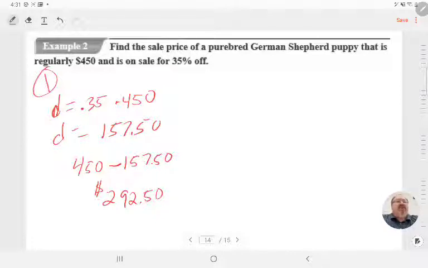The other way I could do it is 100% minus 35%, and that's going to equal 65%. So I'm going to be paying 65% for that German Shepherd puppy.